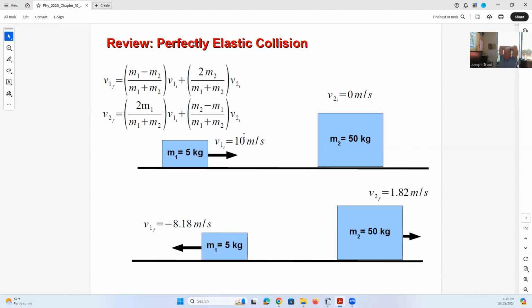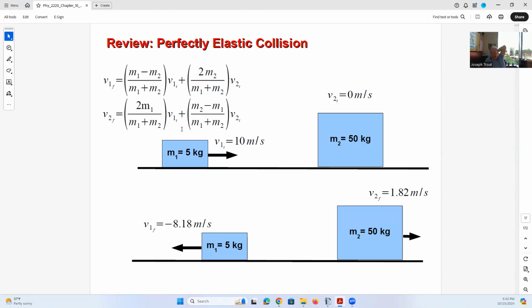And then 2 moves forward a little bit. The velocity of 2 initially is 0. So we get twice m1, that's 10, divided by 55, times 5, that times 10, and we end up with 1.82 meters per second.